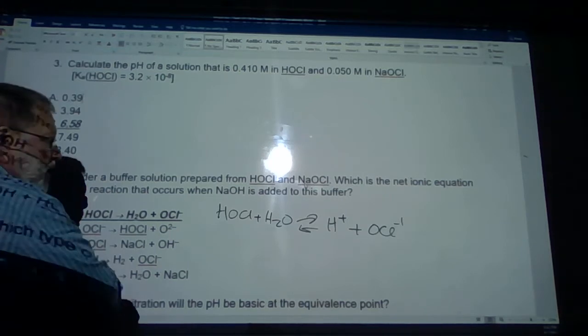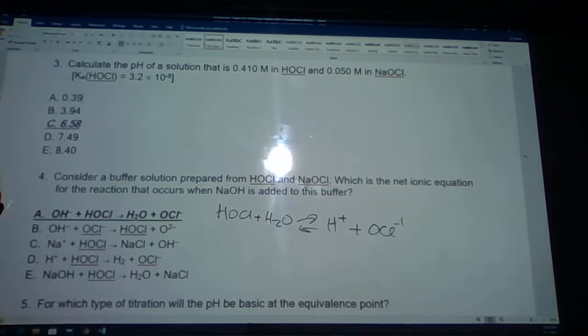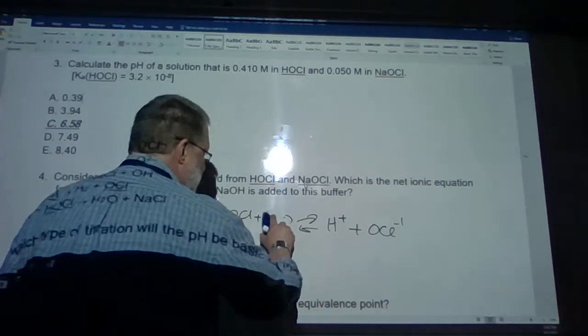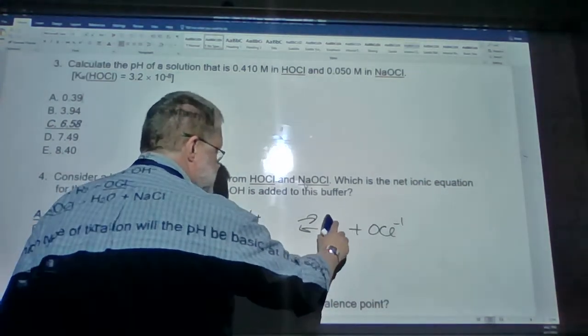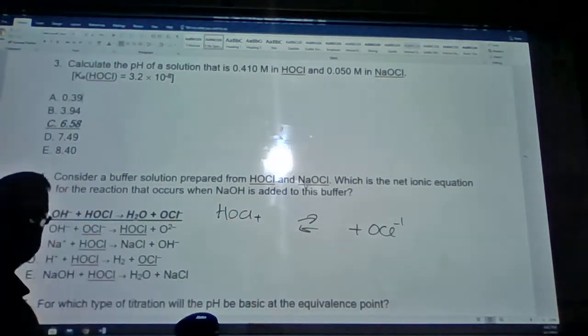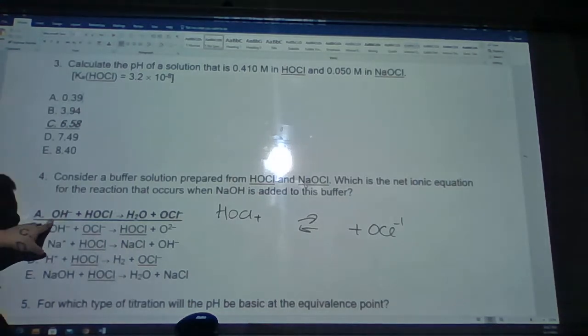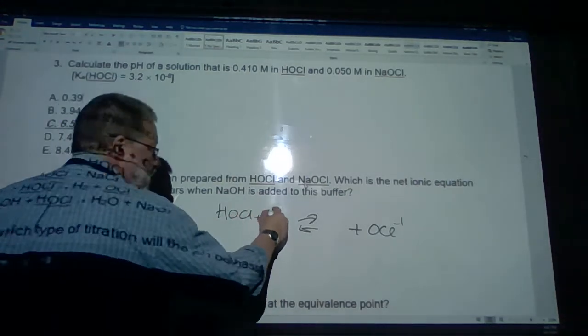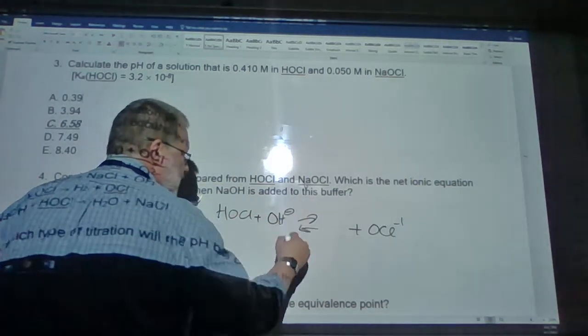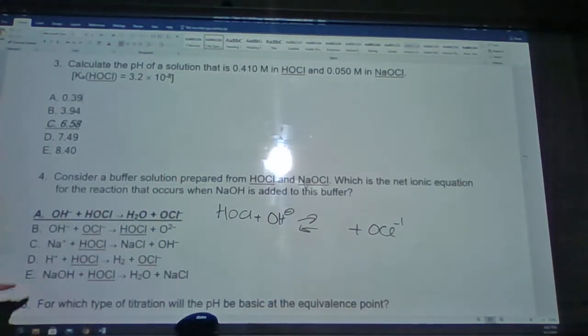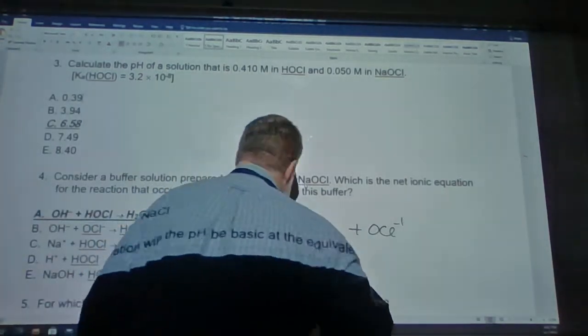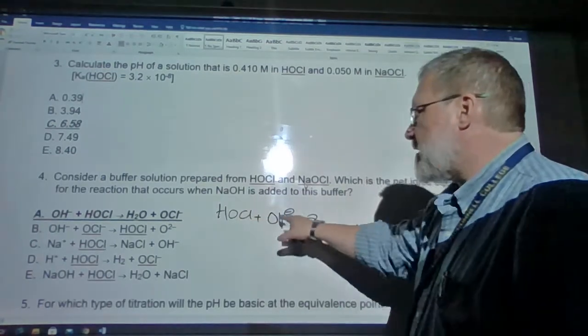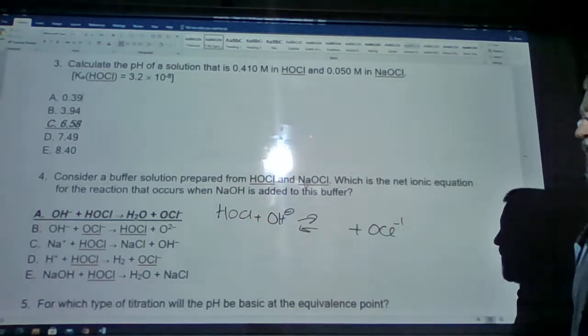If we do not focus on the water being present, if we add OH minus to our equilibrium, this is an acid. What does an acid do with a base?